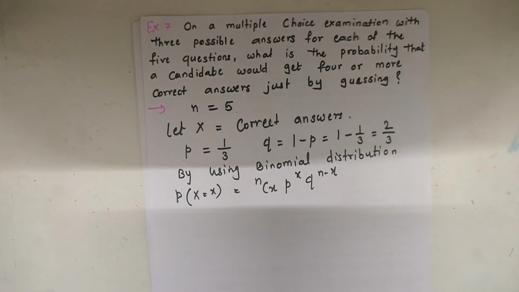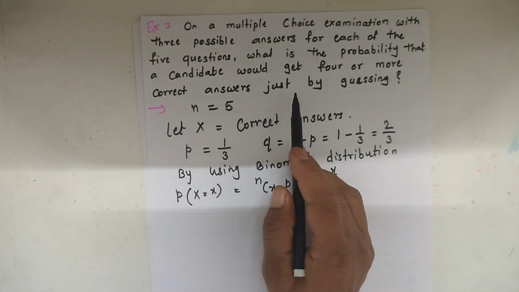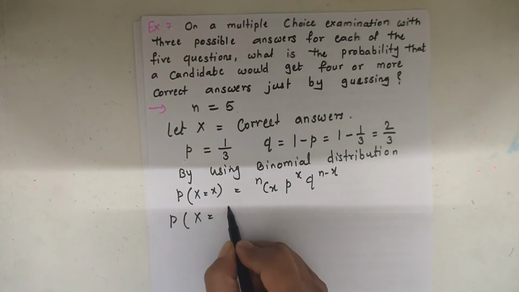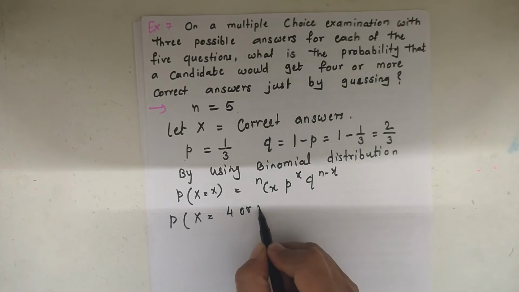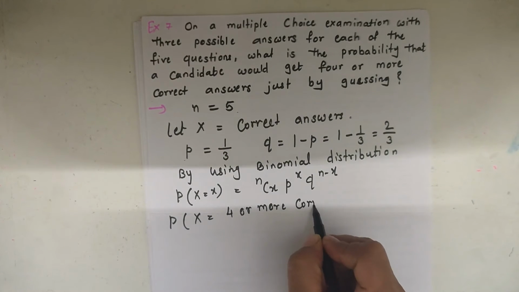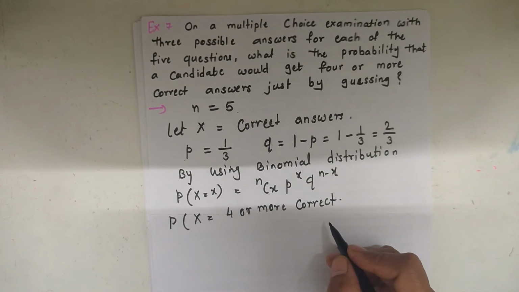And here we have to find the probability for 4 or more correct answers. So we have to find the probability for x is equal to 4 or more correct answers. Here the total number of questions is 5.